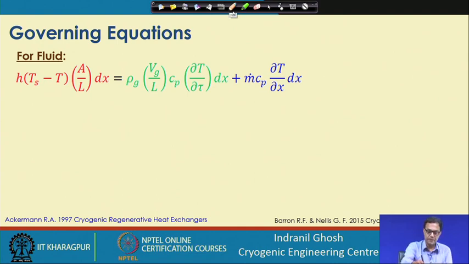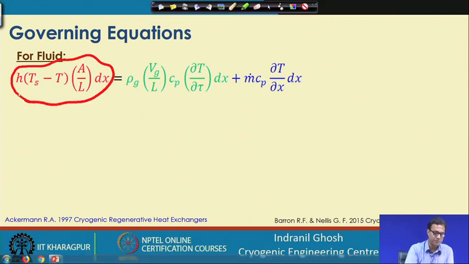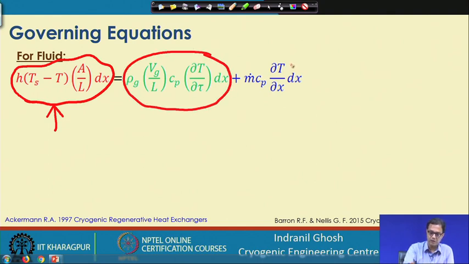So, this is particularly the amount of heat, we have talked about the hot fluid in the hot cycle and the cold fluid stream flowing through the regenerator. So, this is the amount of heat either given by the hot fluid or received by the cold fluid, either way, and this is the amount of stored energy in it, and this is the change in the enthalpy.